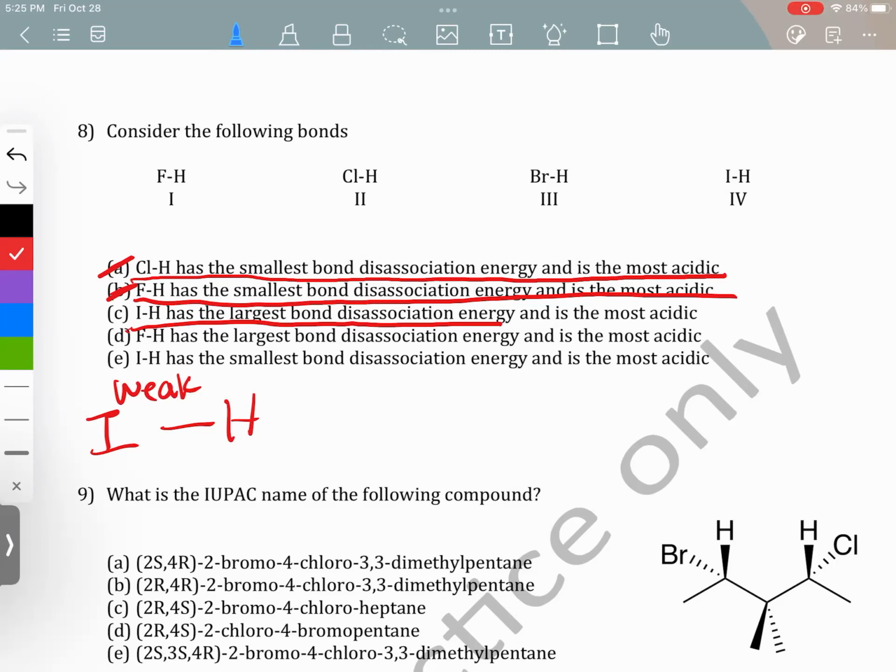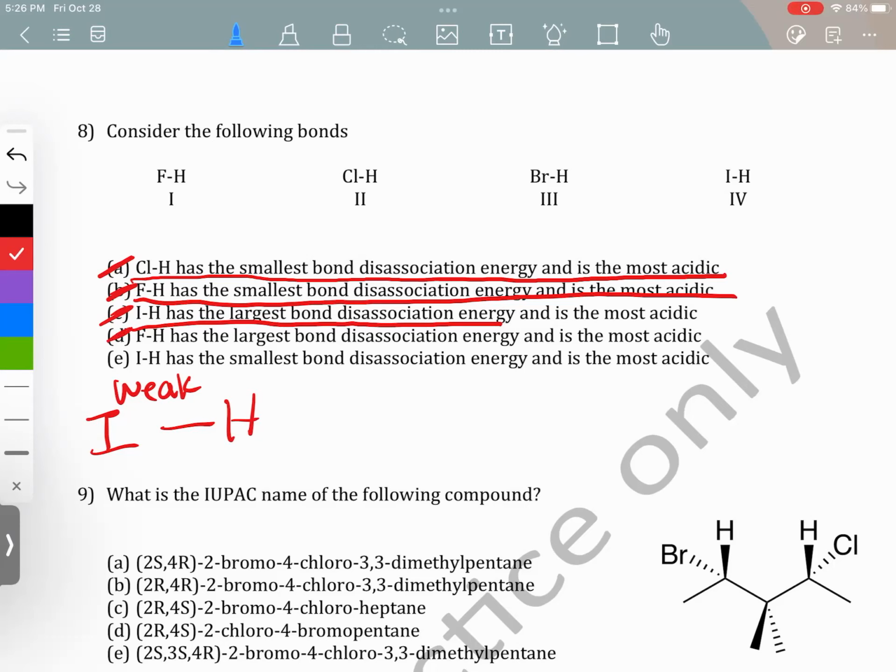So what's happening is it's stretching that bond, and that bond stretch is what's making it weak. So it doesn't need a huge amount of energy to break. You can give it a small energy and it'll just break easily. So it can't be C. It can't be D either.